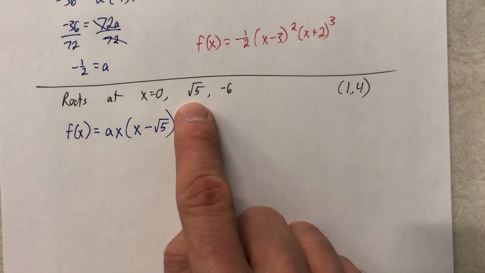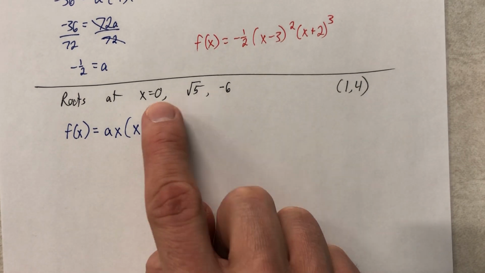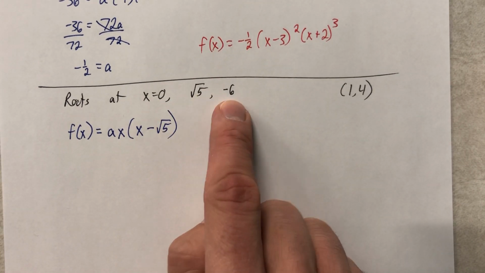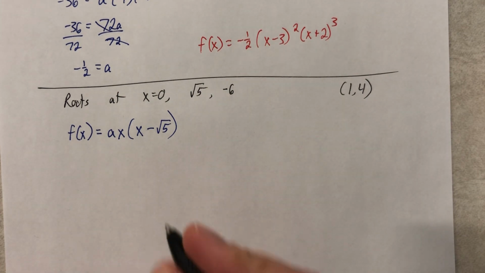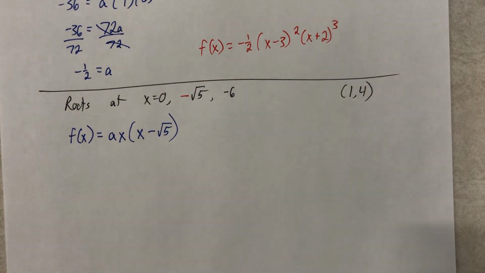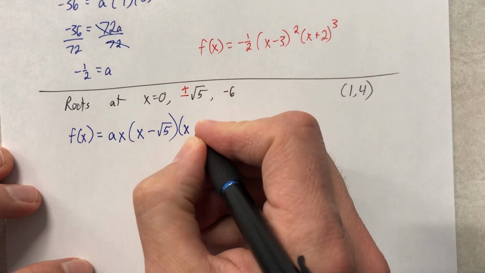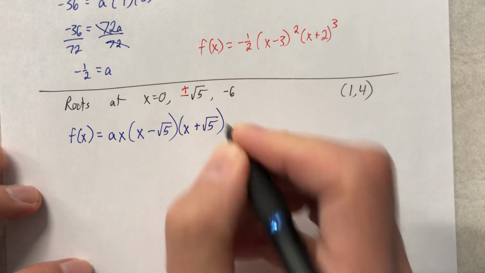They did not tell you all the roots. They told you this one, and this one, but what they didn't tell you was this one. Irrational roots and complex roots come in pairs. So, there's another one, and it's this.